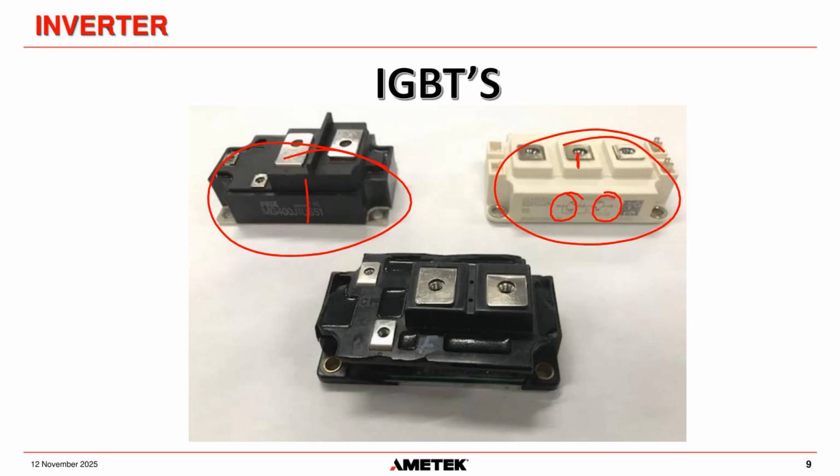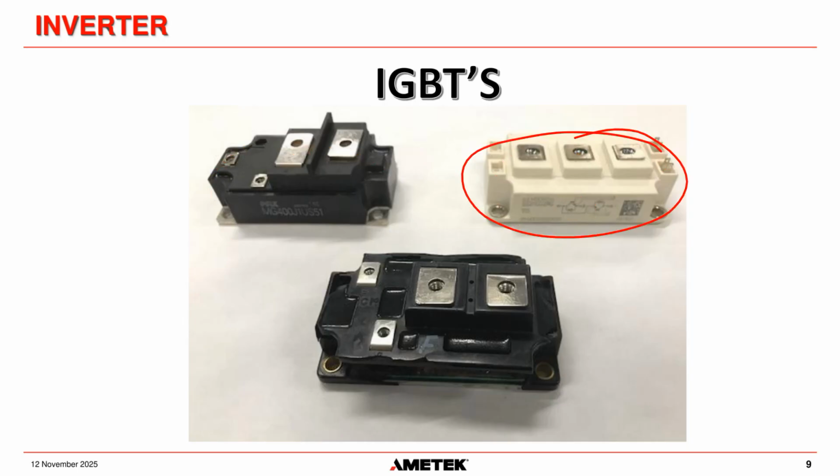These dual packs are designed in such a way that you can put them inside an inverter bridge and they are pretty much ready to go. It makes it easy for you to modularize an inverter bridge. That is what the IGBTs inside our inverters look like.